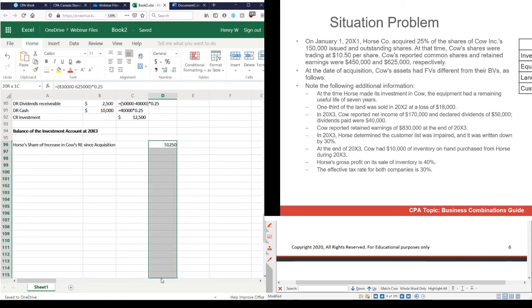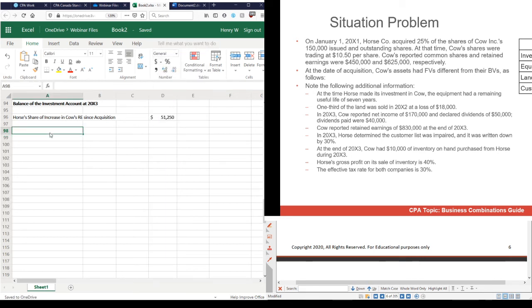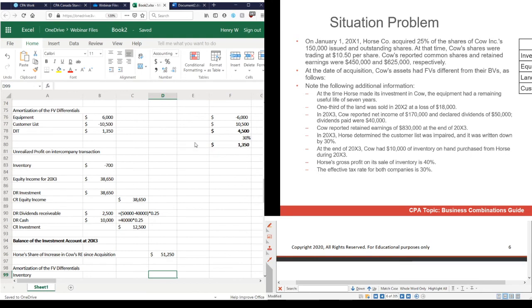Let me just fix up all these columns first. Amortization, fair value differentials, inventory, equipment, land, customer list, deferred income tax. So inventory is 69,000.